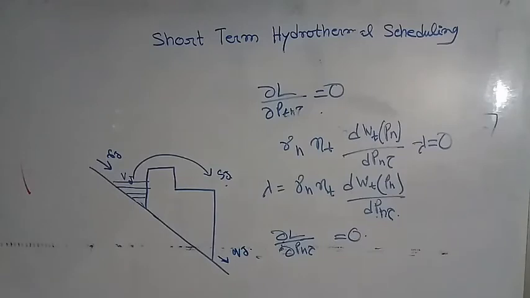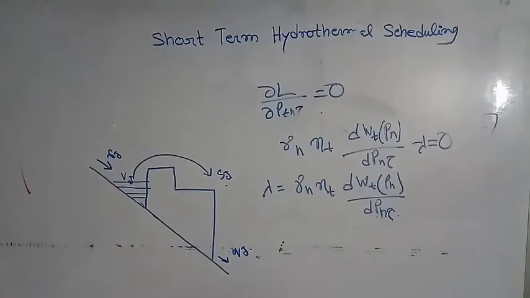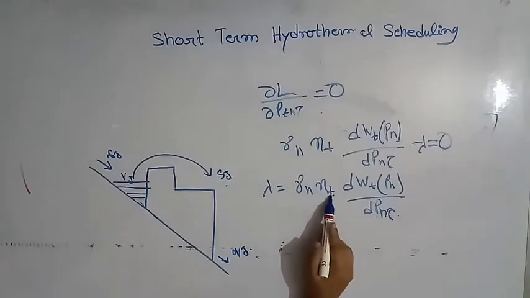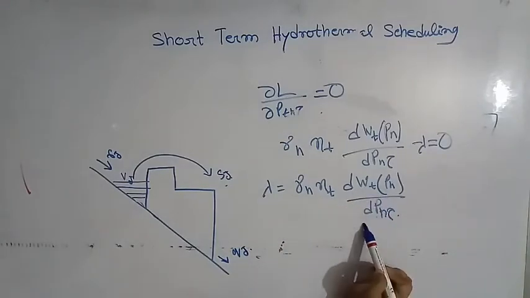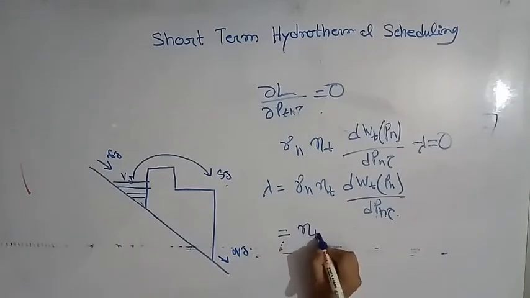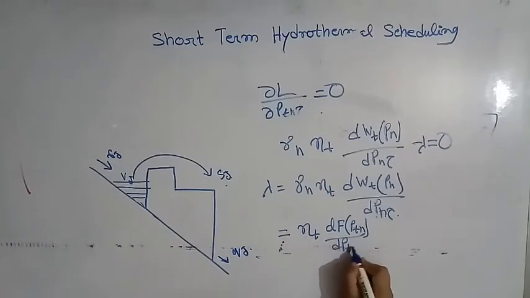Hence, in a mixed system, short-term hydrothermal coordination can be obtained when lambda is equal to gamma h nt derivative of wt by dpH tau, equal to nt dF pTH by dPTH.